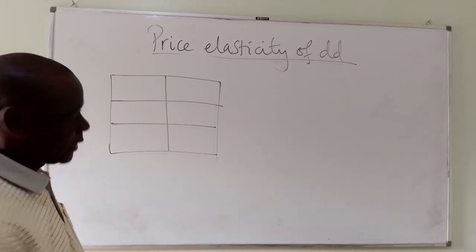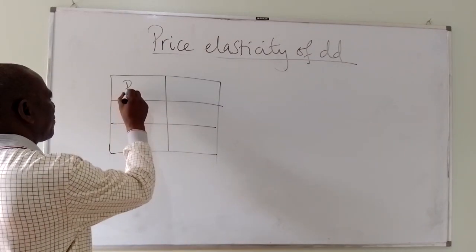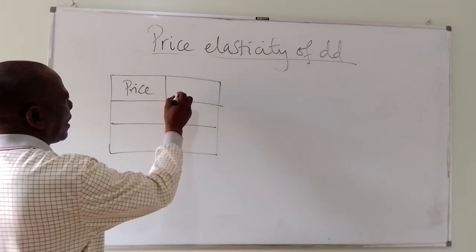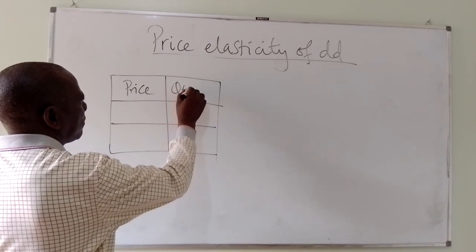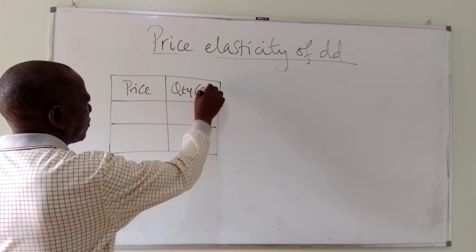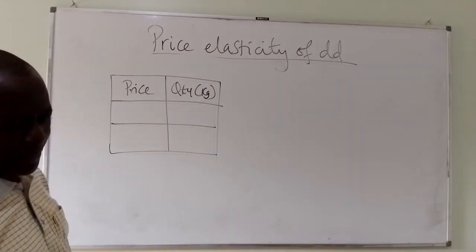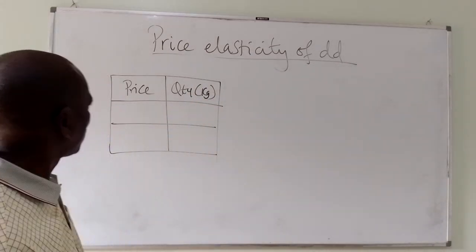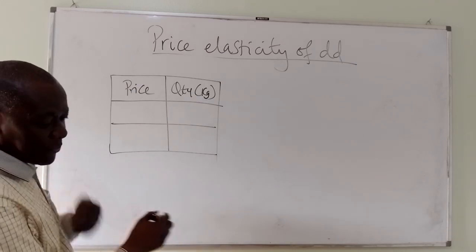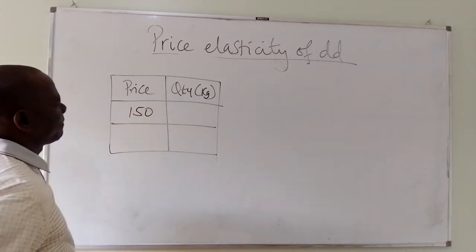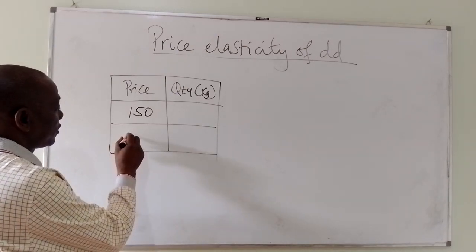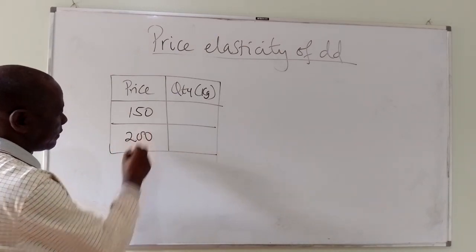So we are showing that there is a price here, and there the quantity demanded in kilograms, assuming this quantity is in kilograms. So the first price that we have is 150, and the second one is 200.